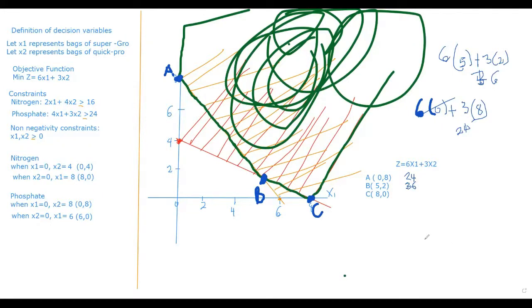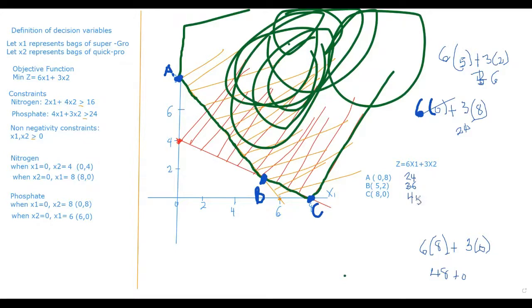Let's do that of C. 6 times 8 plus 3 times 0. You are getting 6 by 8, you are getting 48, plus 0.